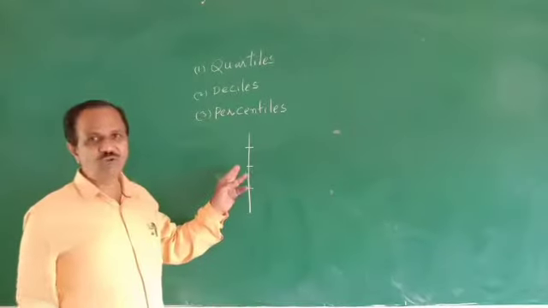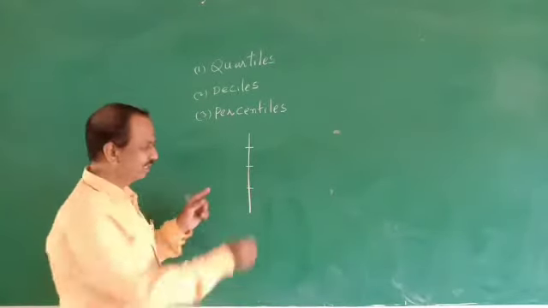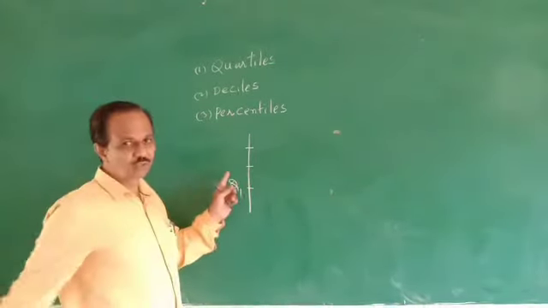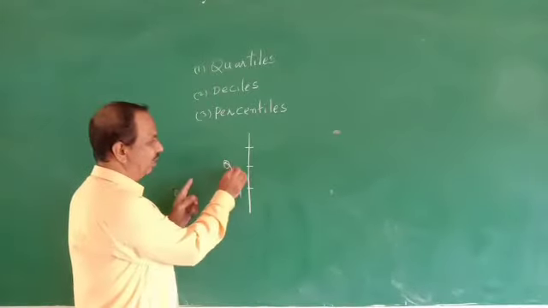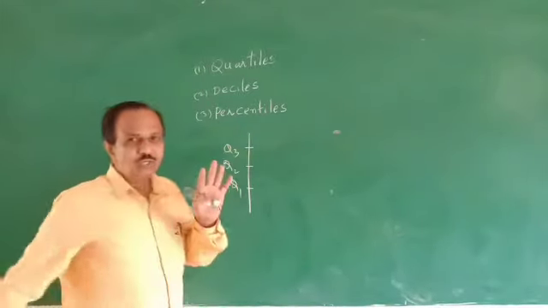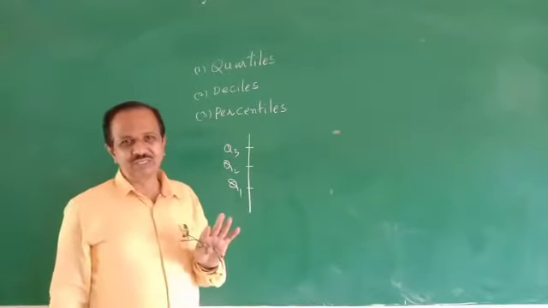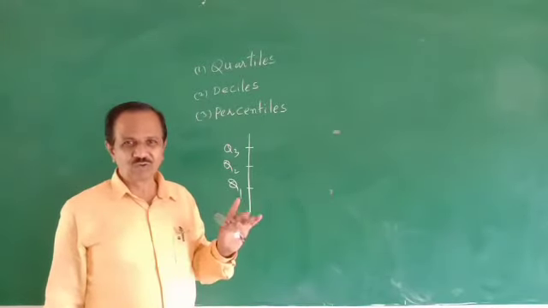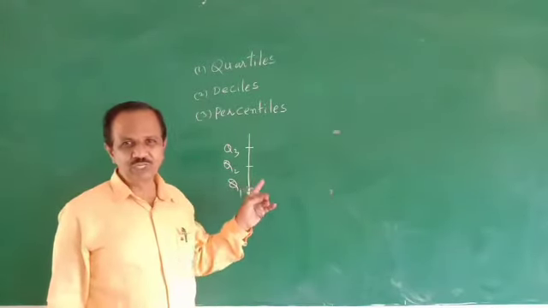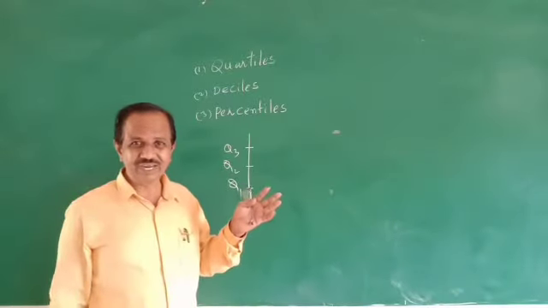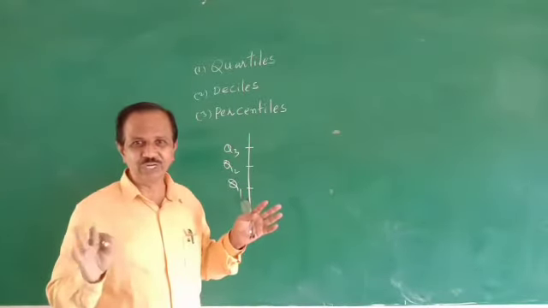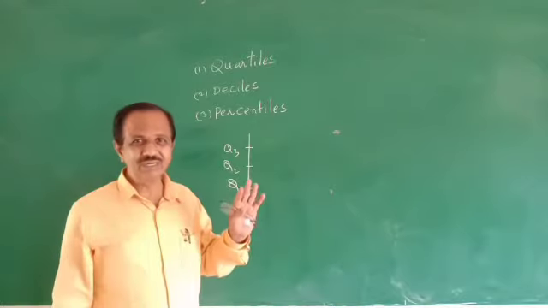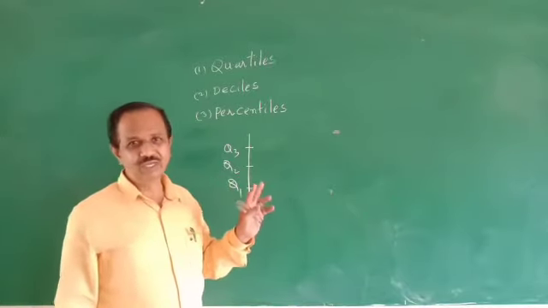If you divide into 4 equal parts, this is called Q1, and this is called Q2. So there are only 3 quartiles, not 4: Q1, Q2, Q3. Similarly, deciles, there are 9 deciles, D1, D2 up to D9, and percentiles, there are 99 percentiles.